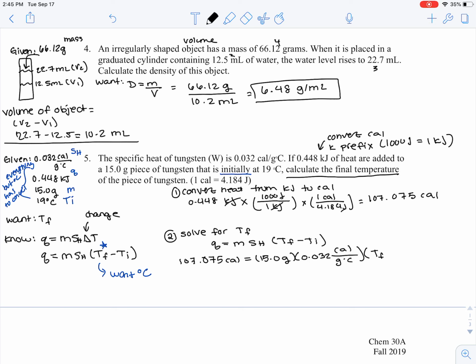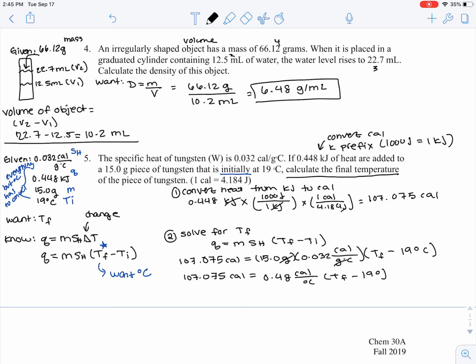Final temperature, I don't know, and initial temperature is 19 degrees Celsius. So then you can just multiply one at a time. If you multiply these two together, your grams cancel out, and you would get 0.48 calories per degree Celsius.